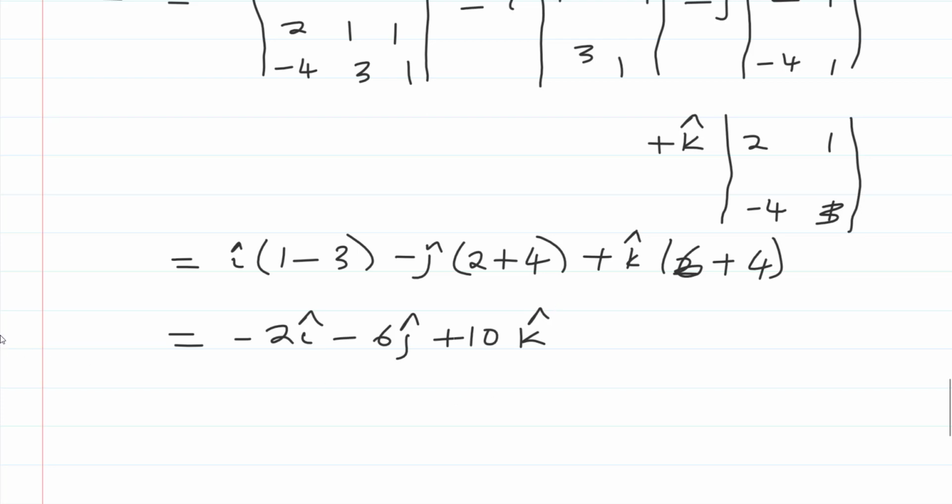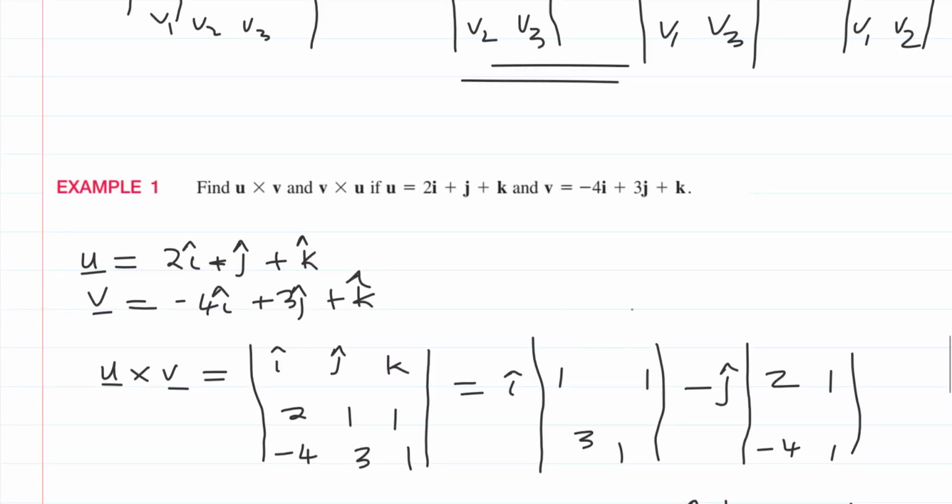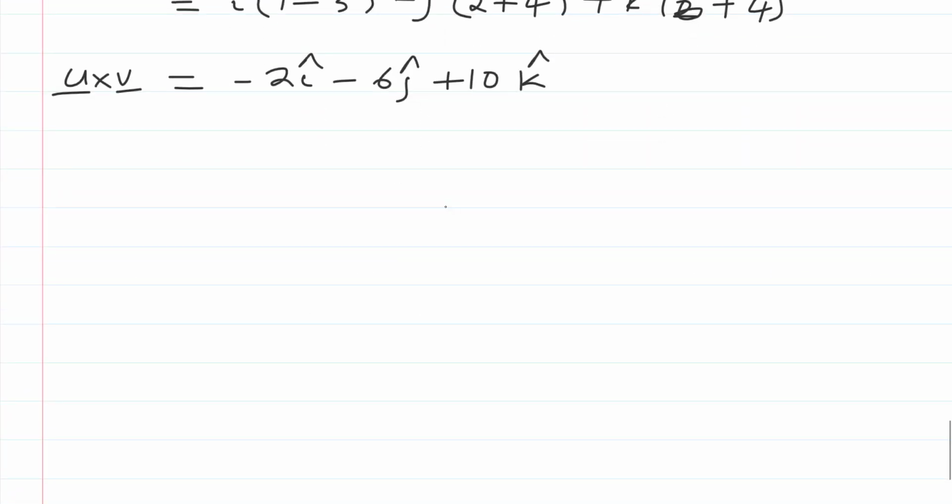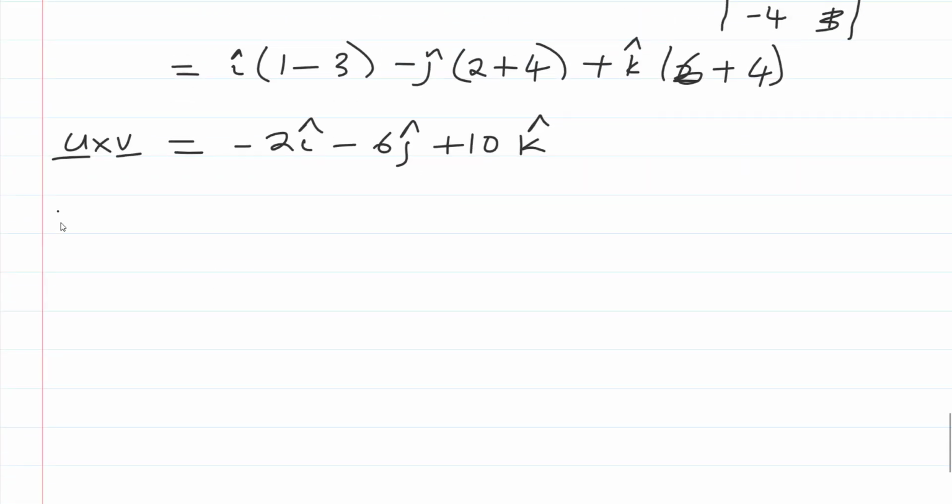So this is u cross v. The other question was asking us to find v cross u. Remember we had a property: v cross u is just the negative of u cross v. We learned that property last time.